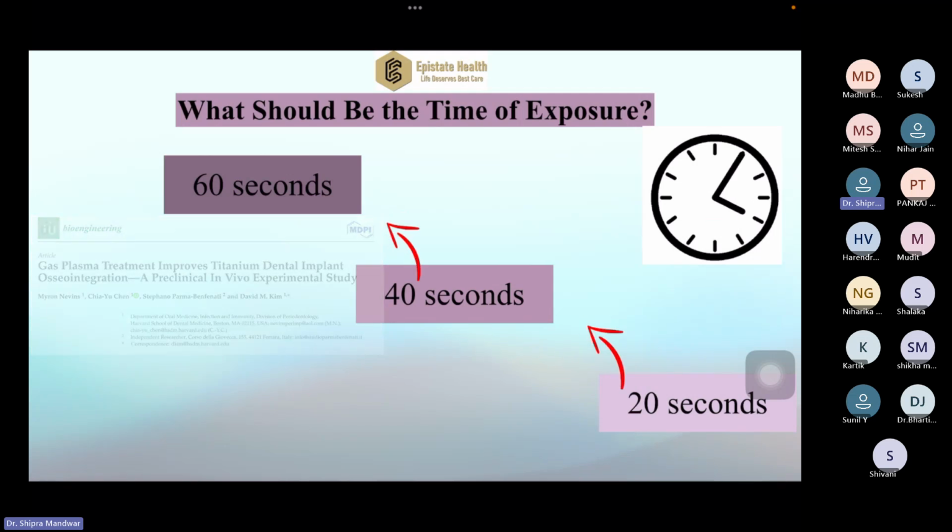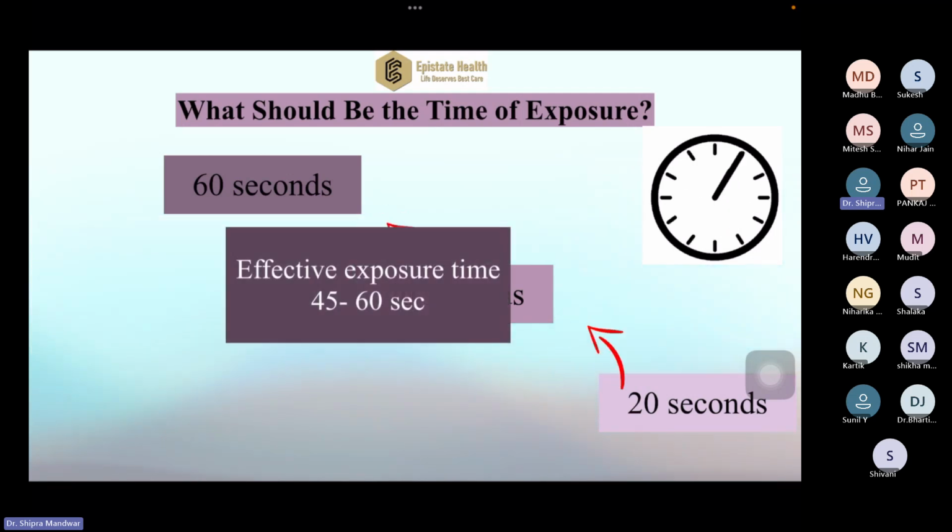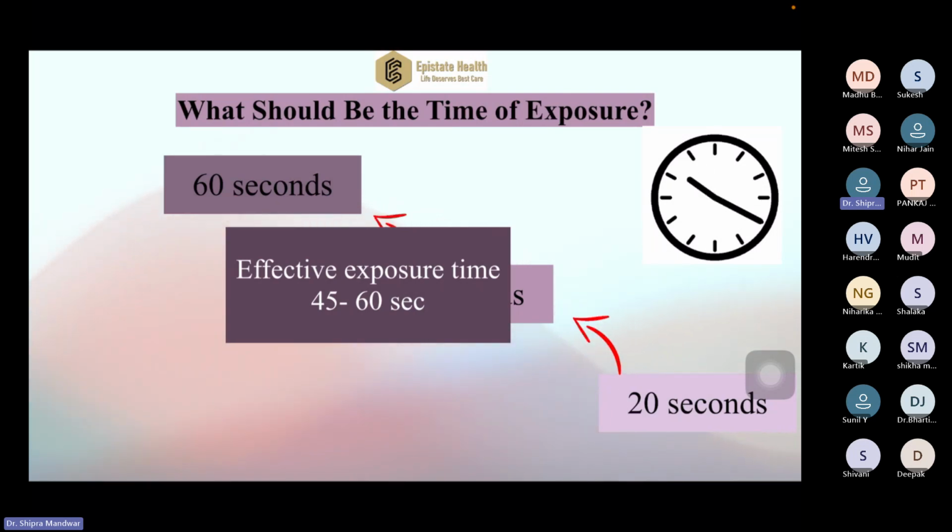But what I have concluded from the literature is that the effective exposure time for plasma to make the implant hydrophilic with positive surface energy is about 45 to 60 seconds. We need that much time to give the best implant to the osteotomy site.